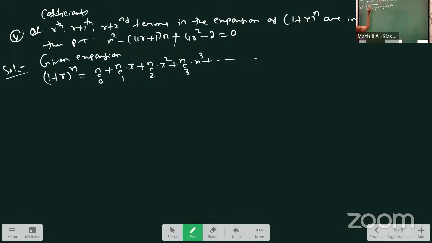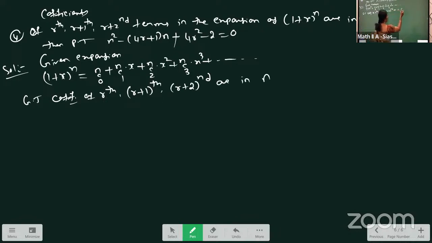Here what coefficient do we want? The rth, r plus 1th and r plus 2nd coefficients we want. Given that the coefficients of the rth, r plus 1th and r plus 2nd terms are in AP.